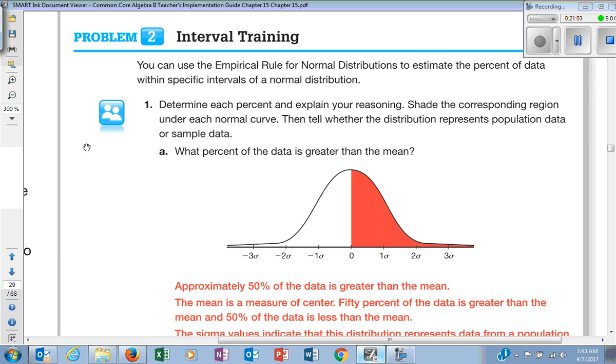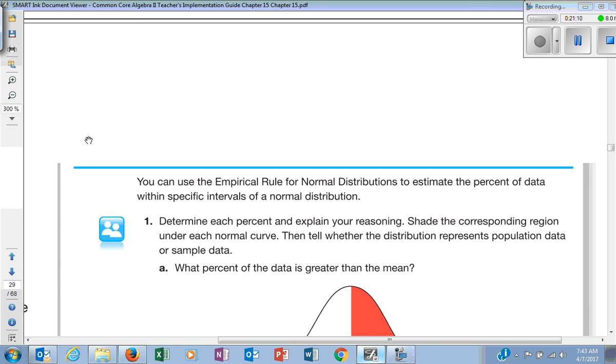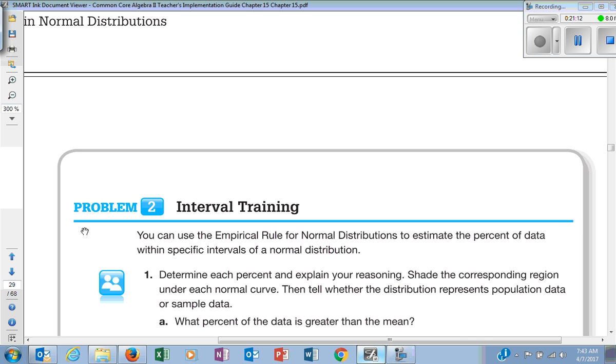All right. Now determine the percent and explain your reasoning. So right here it says, what percent of the data is greater than the mean? Shouldn't be that hard. Think about it.